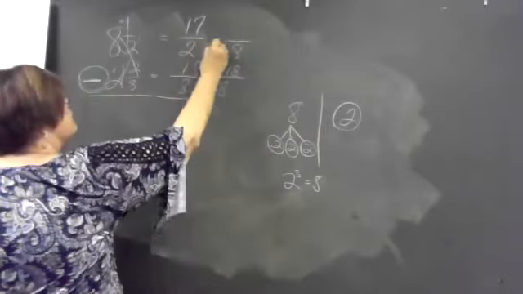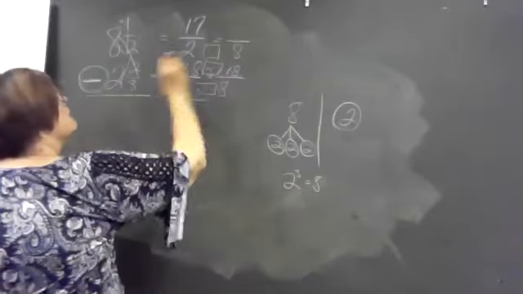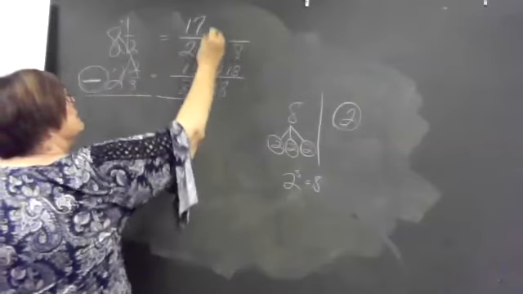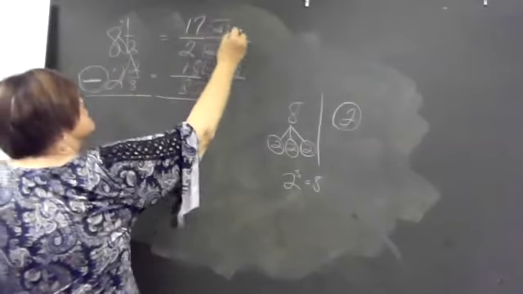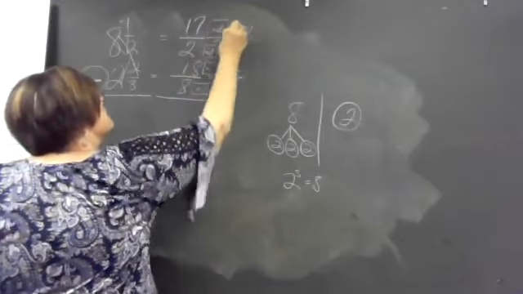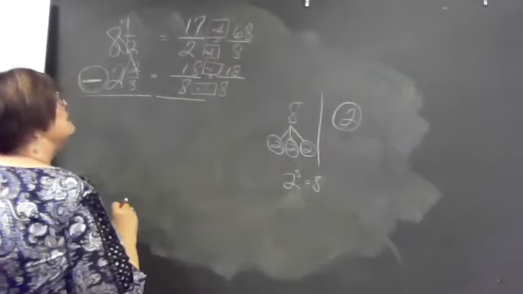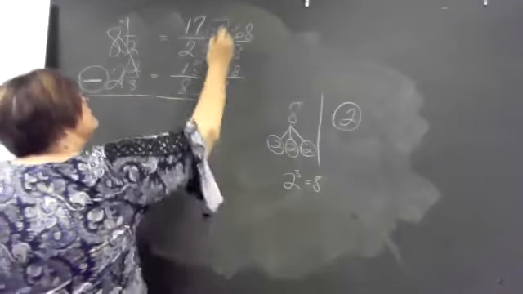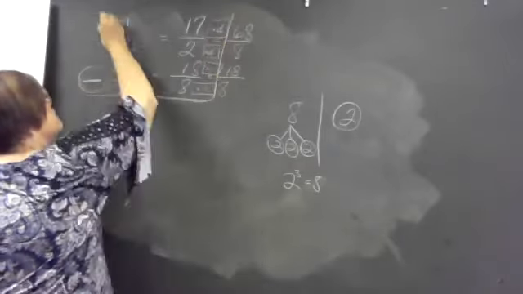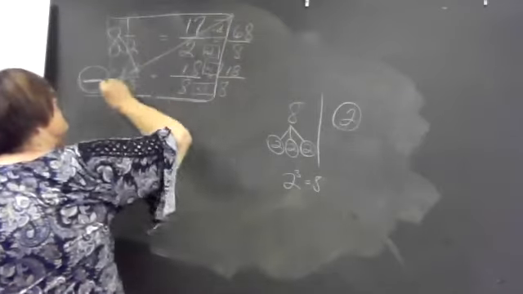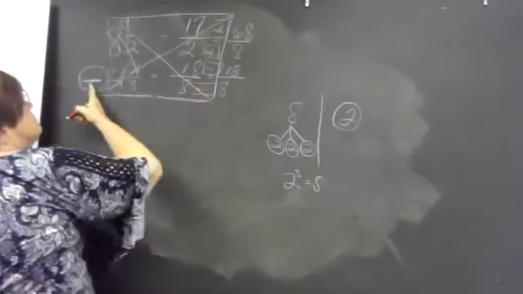I multiplied by 4 here, and so I have to multiply by 4 here. So I get 68. Is that correct? That is 28, yeah. And so all of this stuff that I've manipulated, I don't need it anymore, but I need my sign.